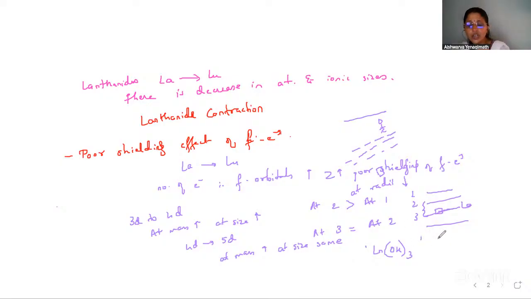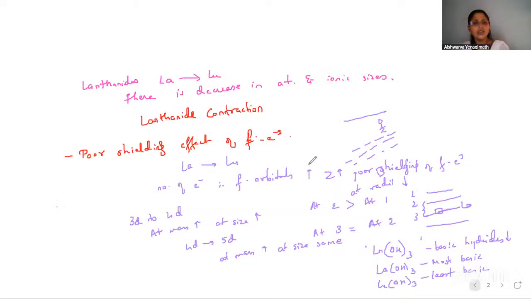Metals with larger ionic radii give strongly basic hydroxides. Along the lanthanide series, ionic radii gradually decrease, so basic character also goes on decreasing. So lanthanum hydroxide is most basic, and lutetium, the last member of the lanthanides, is least basic.